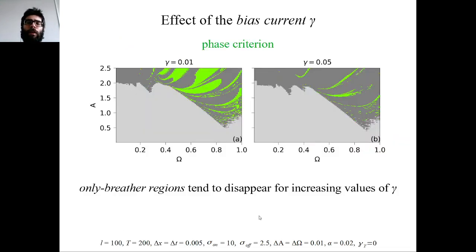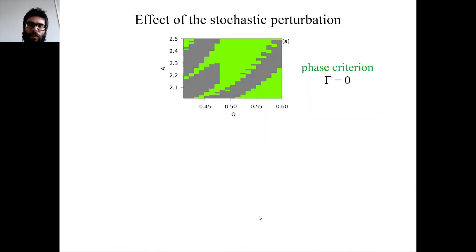The effect of a bias current is to destroy these only-breather regions, and this again can be understood by means of perturbative arguments. Finally, we looked at the effect of a stochastic perturbation. Due to the extent of the computational task, we focused our attention on one of the only-breather regions detected in the deterministic case.